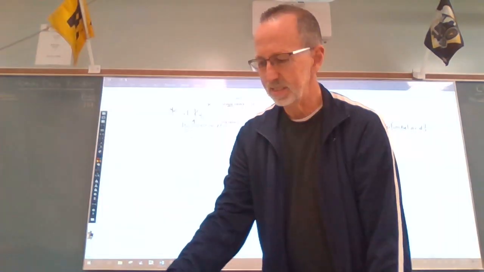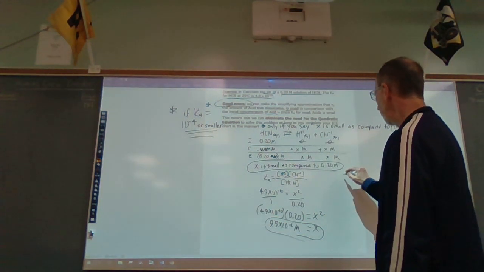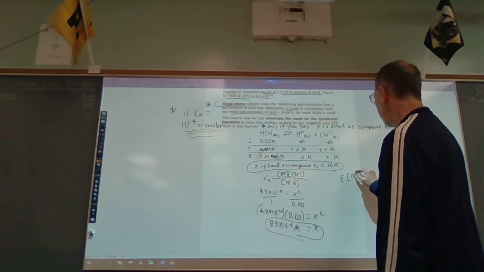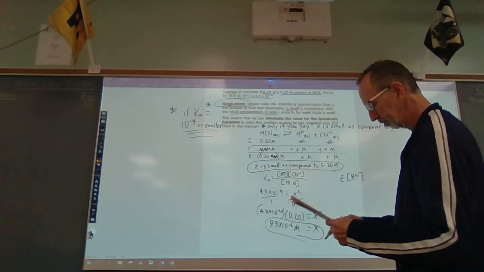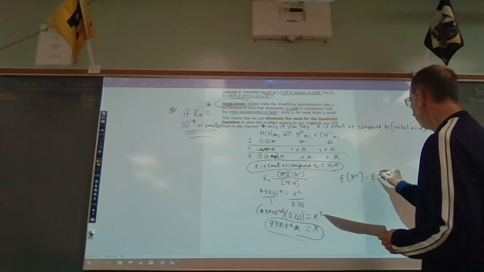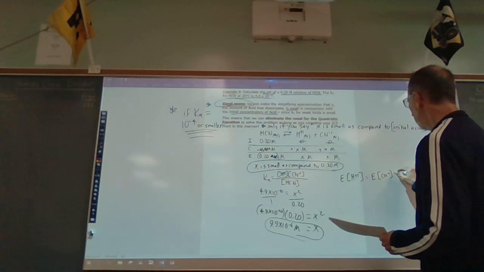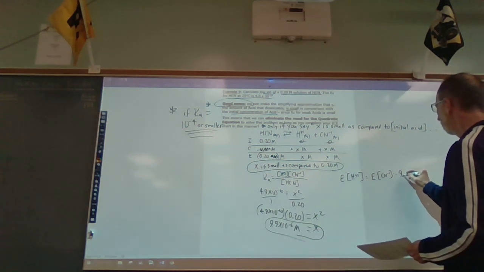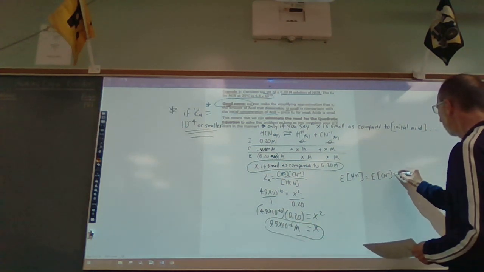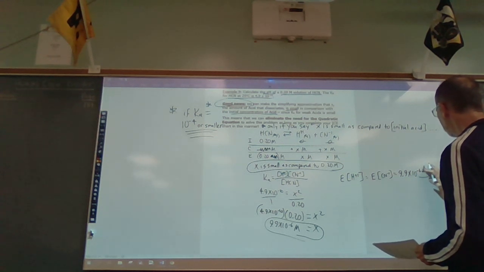So what does that tell us? Well, it tells us right here. So our equilibrium hydrogen ion concentration, which is the same as our equilibrium cyanide concentration, are both equal to 9.9 times 10 to the minus 6 molar.